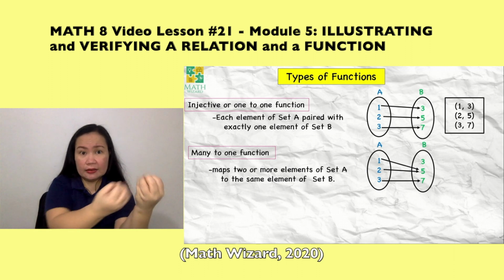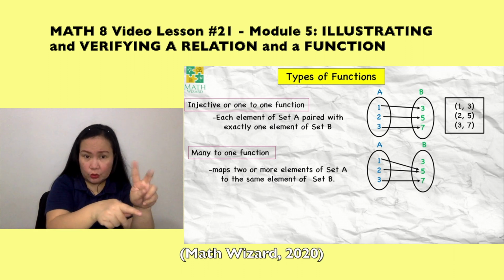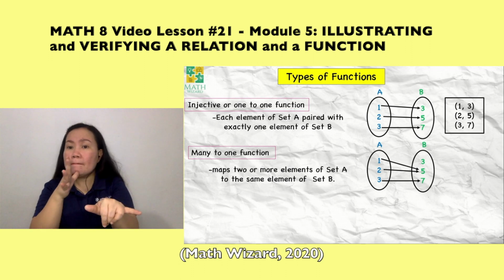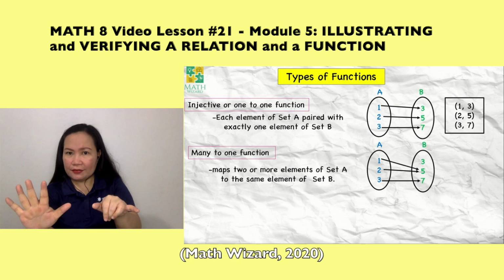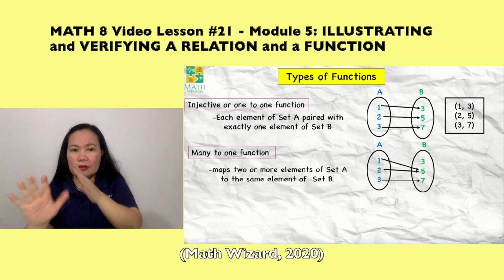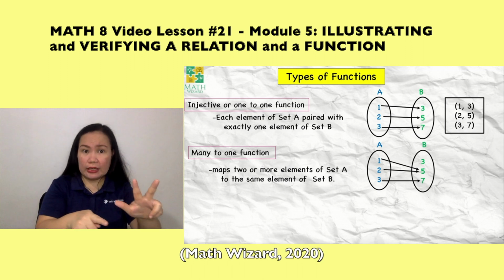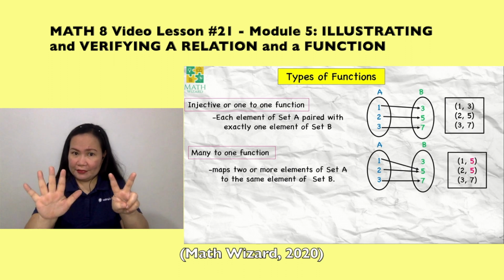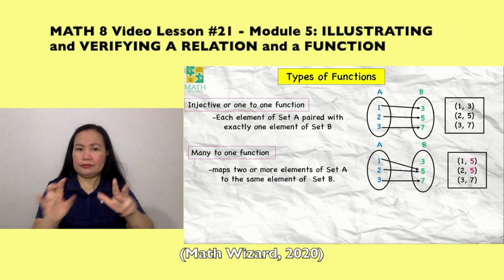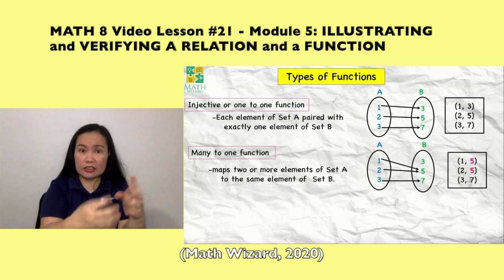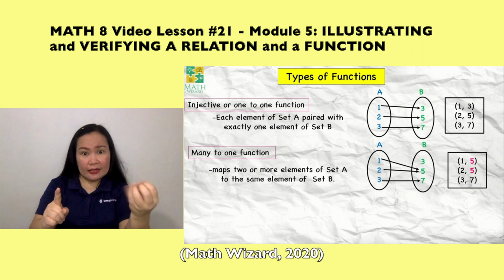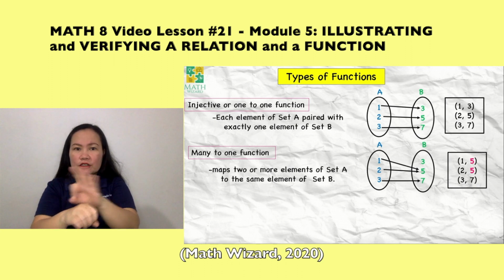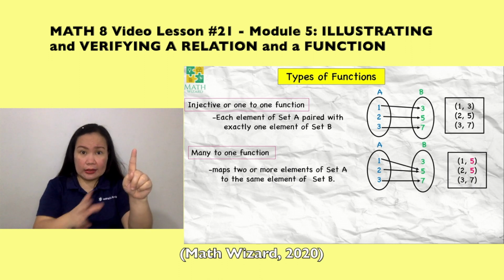Many kasi si person 1 tsaka si person 2 to 1, isa lang ang kanilang mother, which is si 5. And then we have, si 3 naman, ay si 7. 1, 5, 2, 5, 3, 7. Tinawag siya na many-to-one function kasi si 1 and 2, isa lang ang kanilang partner.